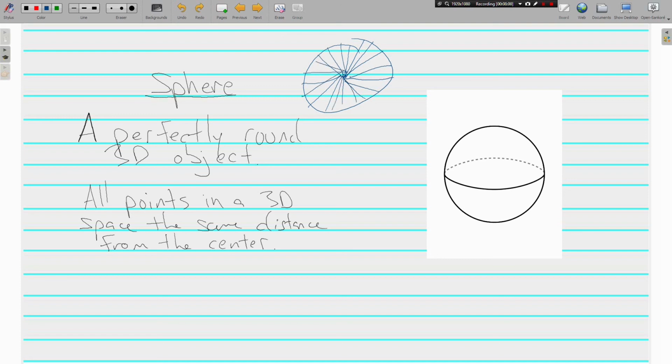Same thing for a sphere, but it's three-dimensional. We've got points out there, points all the way down. A perfectly round object, with all points in 3D space the same distance from the center.